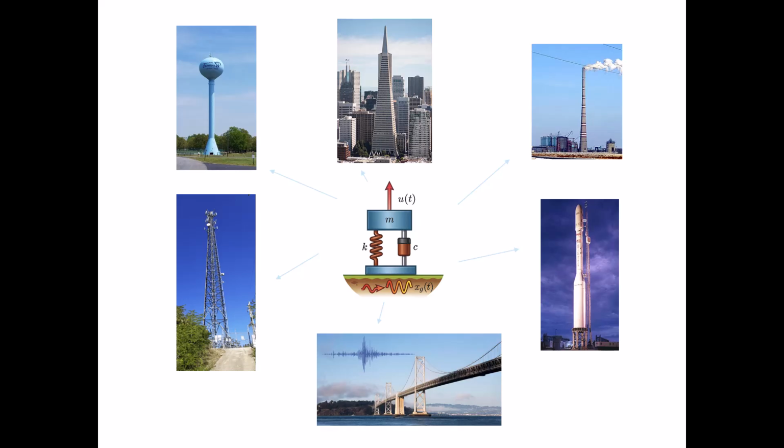And we'll be doing free body diagrams and derivations and Newton's law, and coming up with governing equations of motion and solving those for different base excitation types from various earthquakes. And this is a good first approximation to model structures, even complex structures like a water tower. Top center, that's the Transamerica Pyramid in San Francisco.